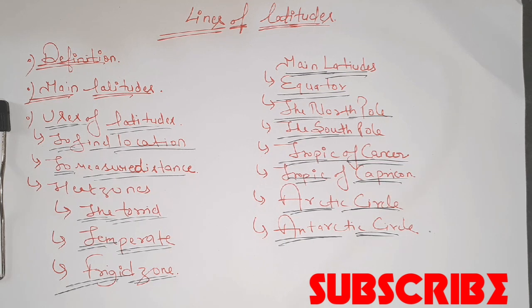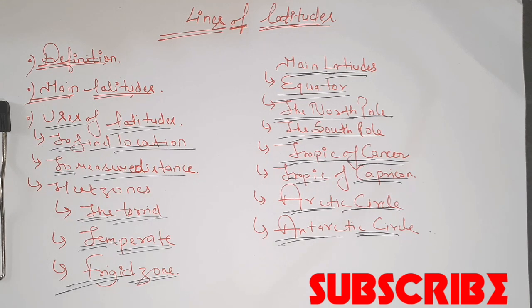Every parallel of latitude on the globe is a full circle, but the great circle is the Equator.